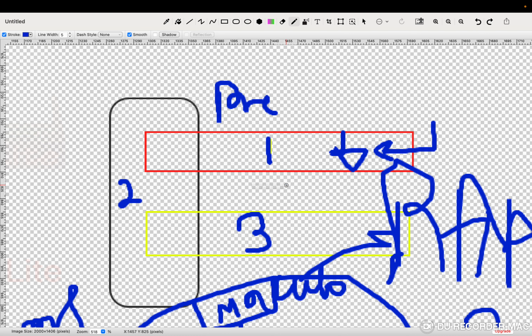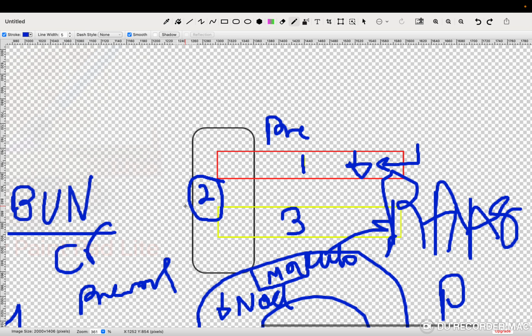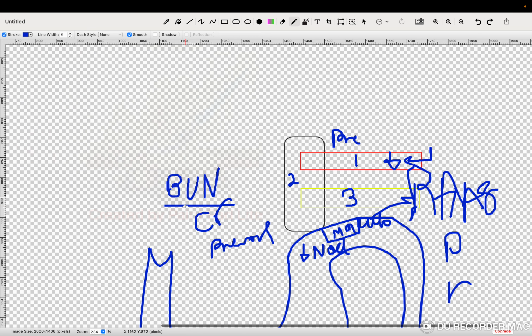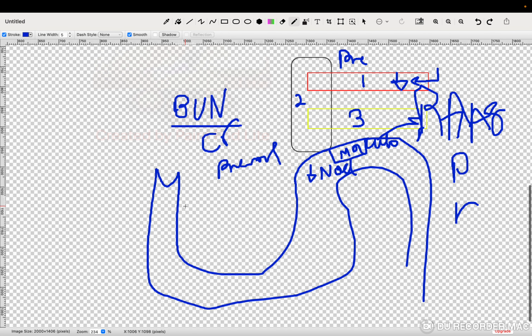So if the pathology is in 1, is your kidney functional or not? Until now, yes, it's functional. Good. You did not have infarction of your kidney yet. So it's still functional. So your tubules are functional or not functional?